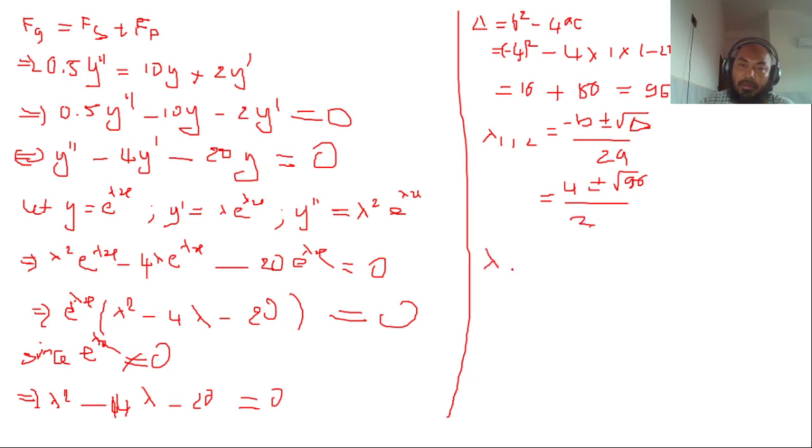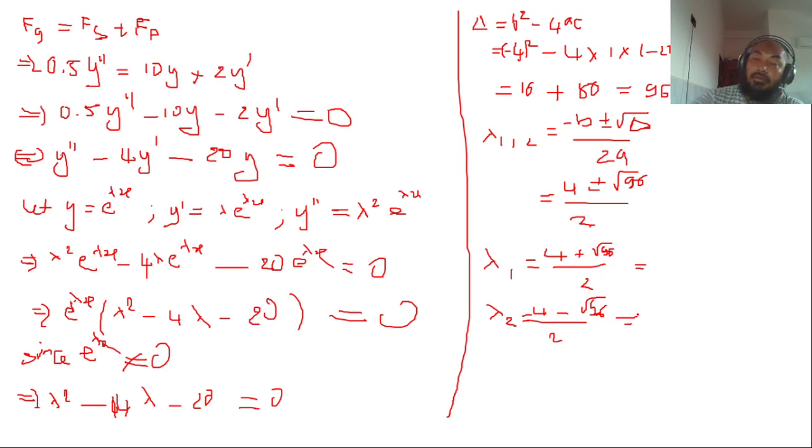So we got lambda 1 is equal to 4 plus square root 96 divided by 2, and lambda 2 is equal to 4 minus square root 96 divided by 2.